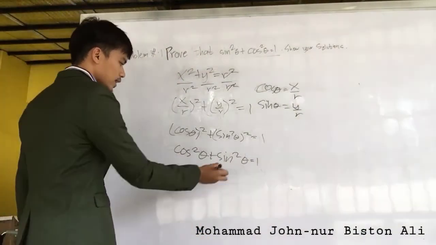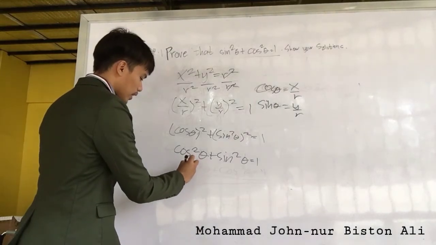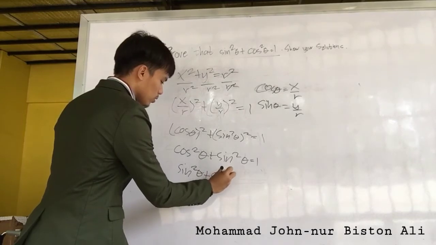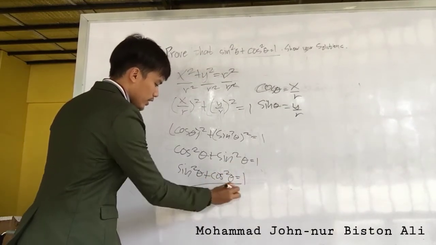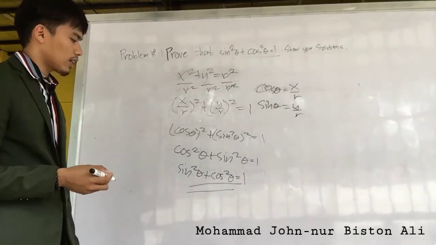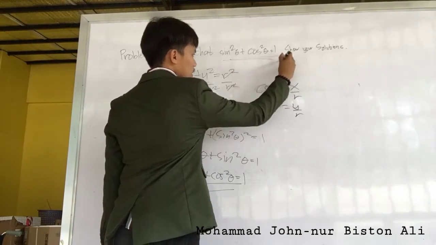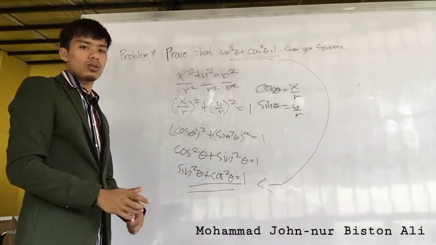Or we simply change this one, it's just the same: sine to the power 2 theta plus cosine to the power 2 theta is equal to 1. We get the answer for how to prove this equation. As you can see, it is the same. Thank you and wassalam.